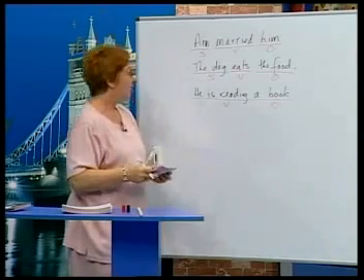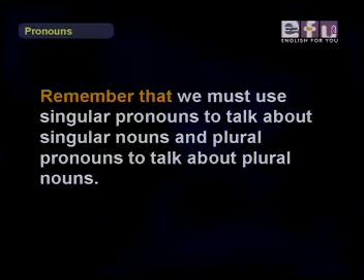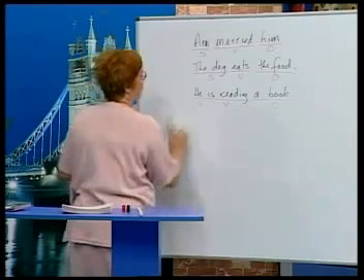Okay? Now, remember that we must use singular pronouns to talk about singular nouns and plural pronouns to talk about plural nouns. Now, let me show you some examples. Okay.